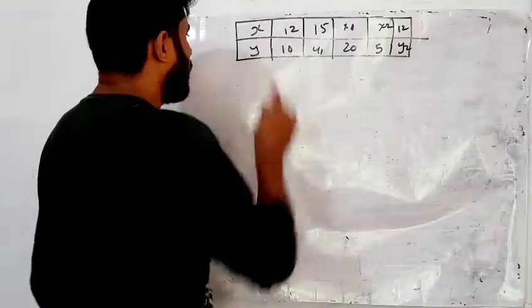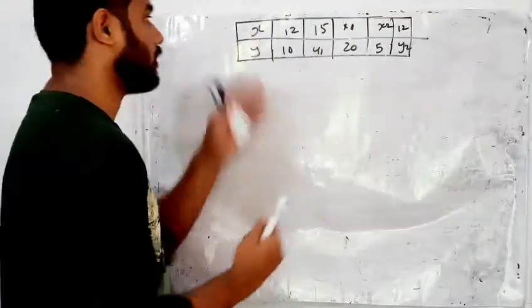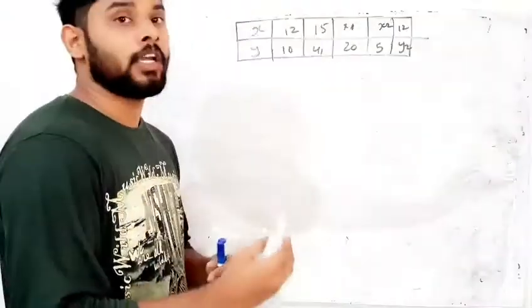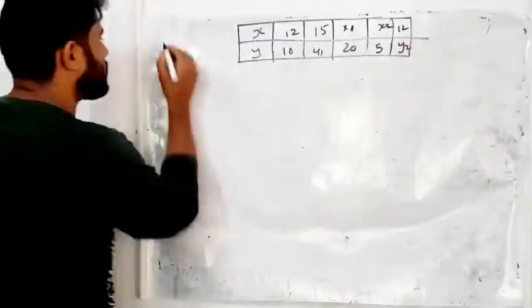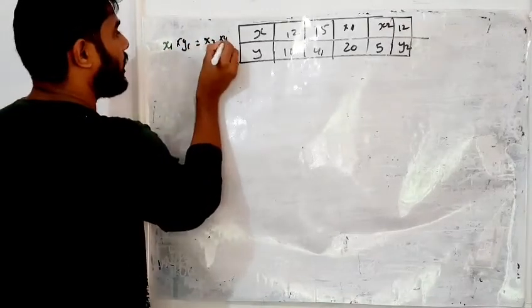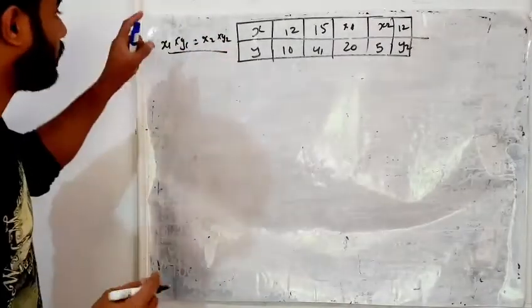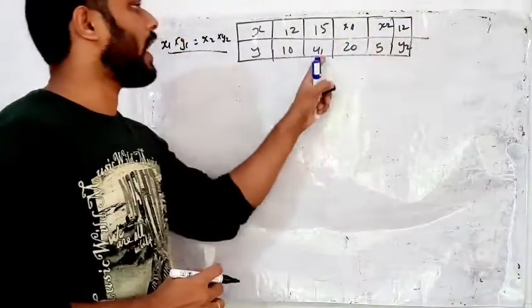Clear? Here, if two variables are in inverse relation or inverse proportion, then we can apply one equation. You remember that equation? That equation is x1 into y1 is equal to x2 into y2. With the help of this equation we can find out x1, x2, y1 and y2.